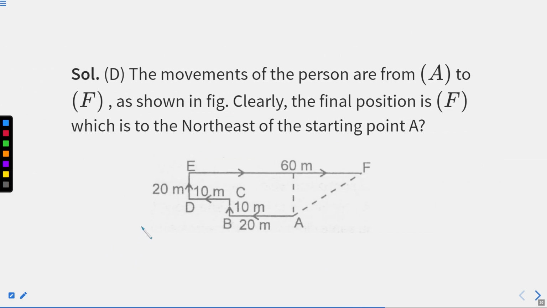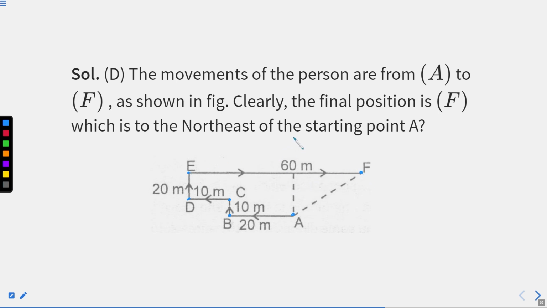Now you can see the diagram, right? You can see here that from point A we move 20 meters to B, 10 meters to C, 10 meters to D, then 20 meters to E, and then from E to F we move 60 meters.